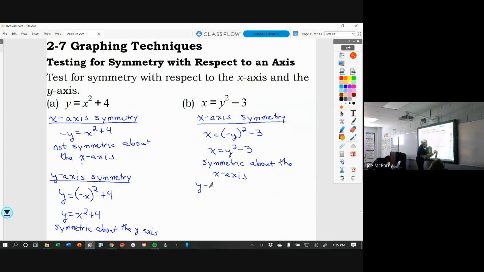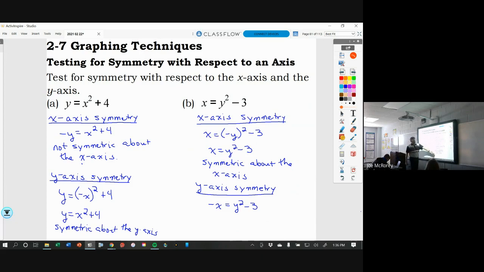Now for y-axis symmetry. Is it ever going to be symmetric about both? Yes, sir. And we'll talk about that in just a moment. So to test y-axis symmetry, replace x with negative x. Simplify. What can we do? Nothing.